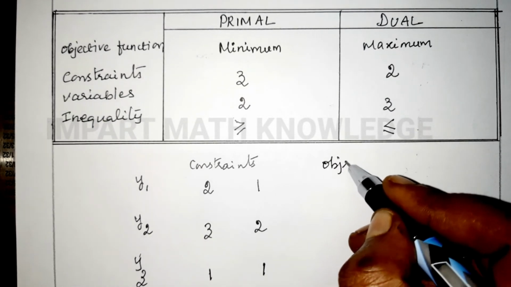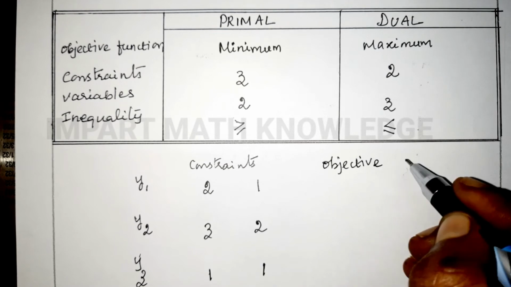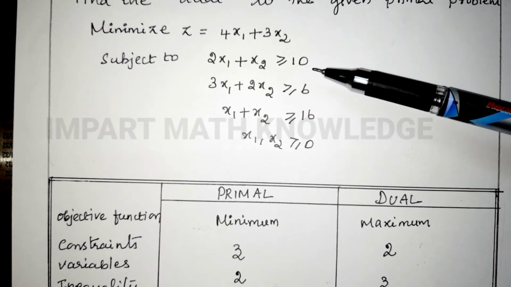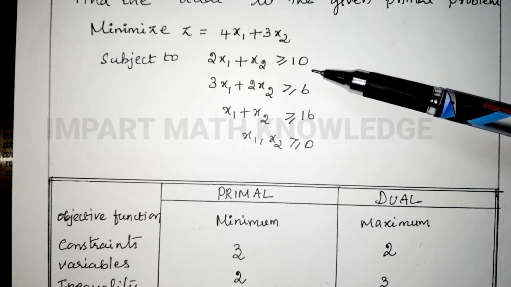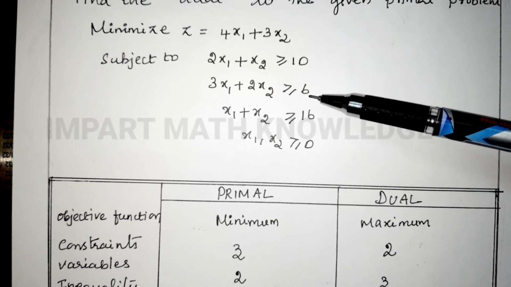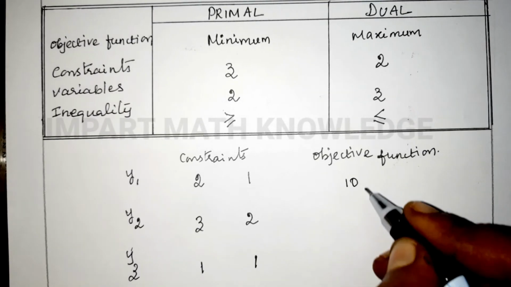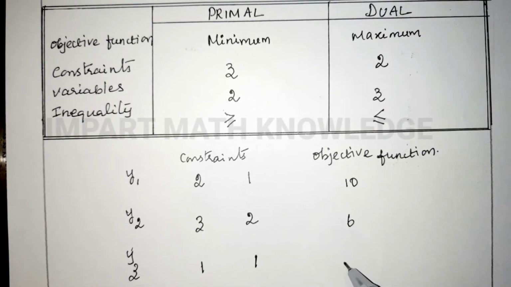The objective function for the dual problem: the coefficients of the objective function for the dual problem are the right hand side values of the primal problem, that is 10, 6 and 16.